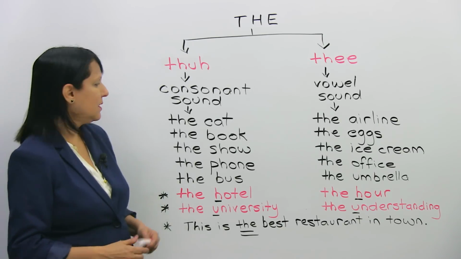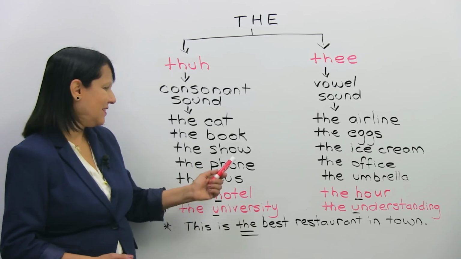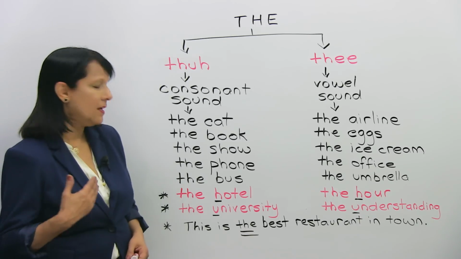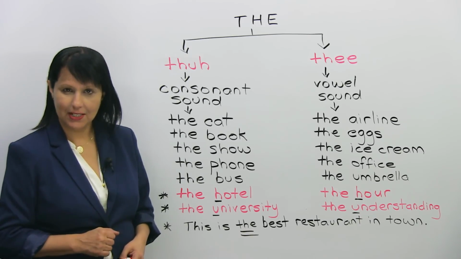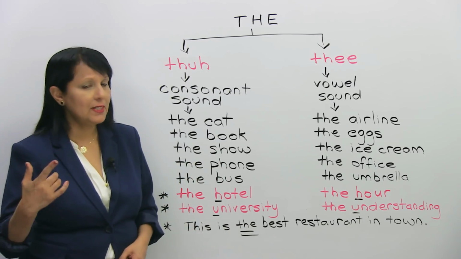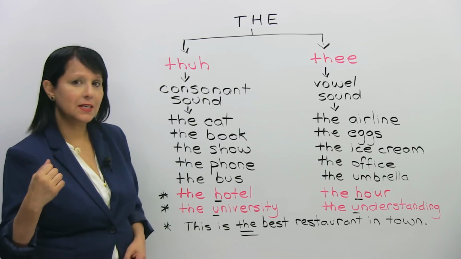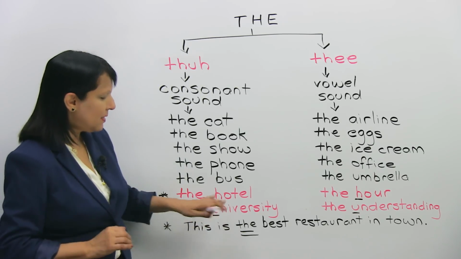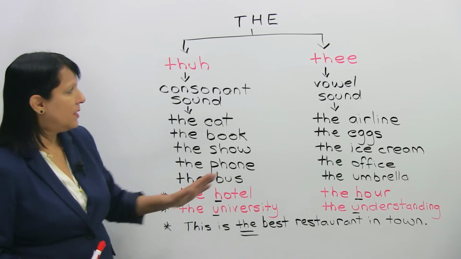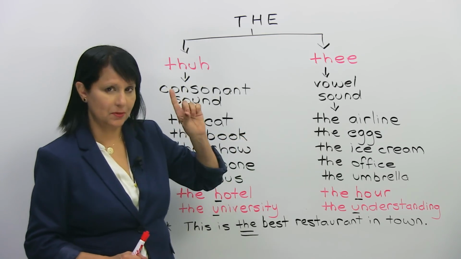For example, the cat, the book, the show, the phone, the bus, right? Now, all of those started with consonants, but more importantly, with a consonant sound. Let's look at the exceptions in a minute. Let's go on this side. Now, we use thee before a vowel sound.